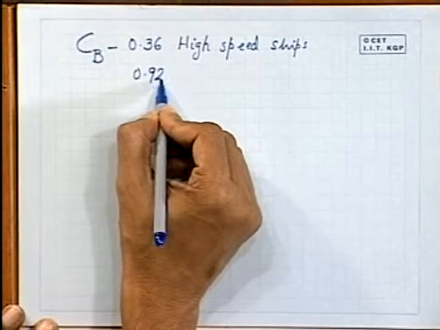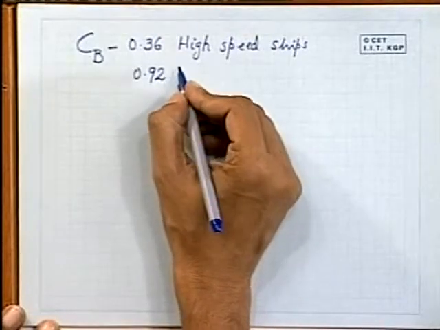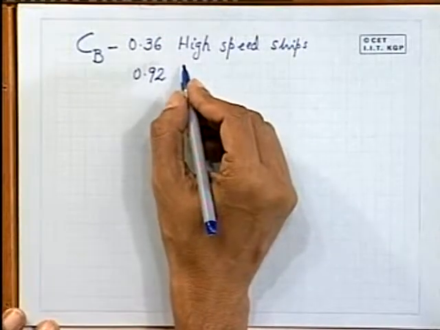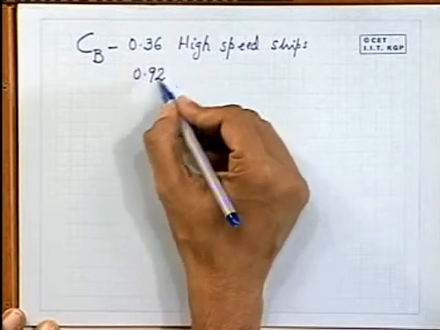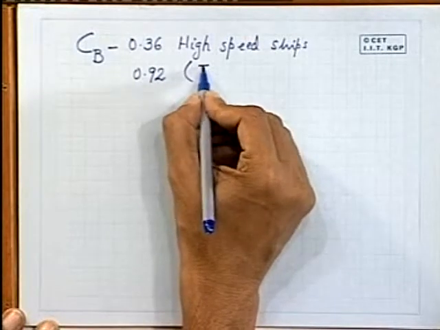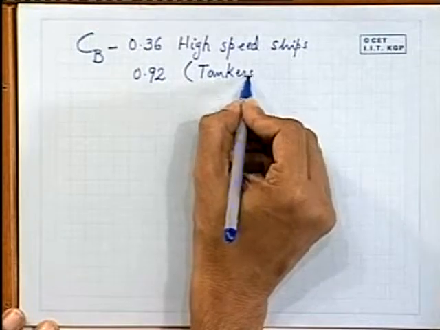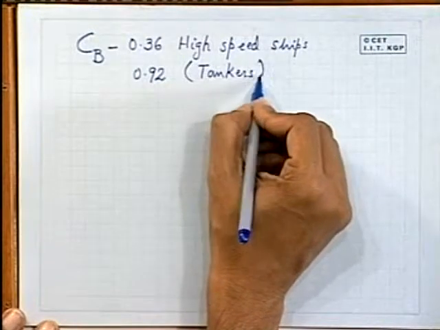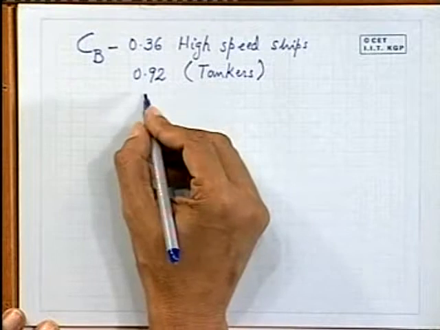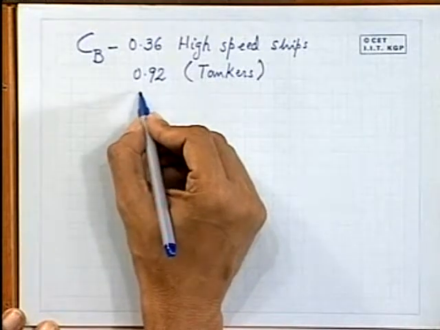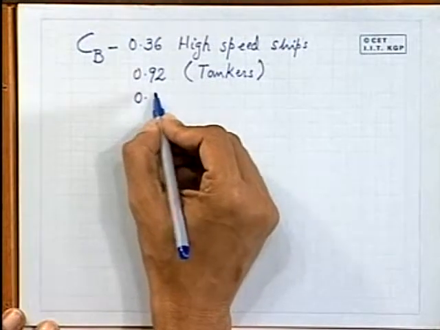Of course, mostly I have come across CB of 0.885, and these are normally for tankers. Cargo ships will have around say 0.7.